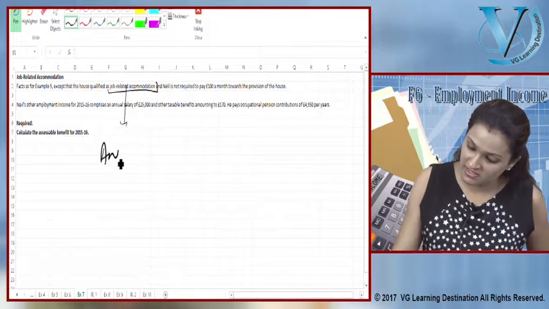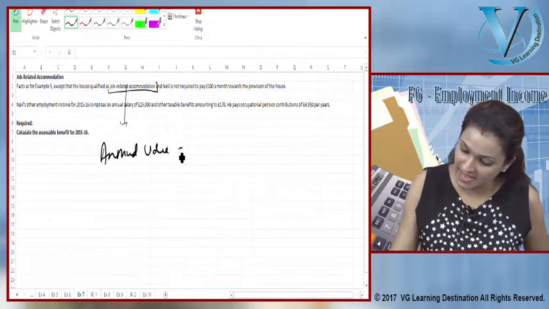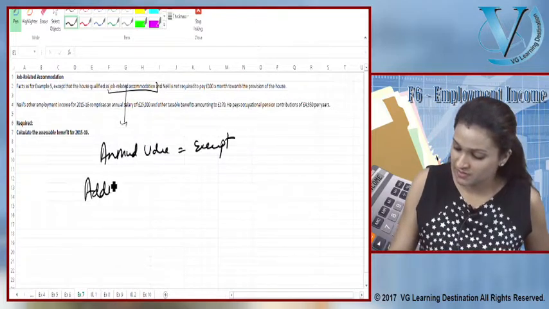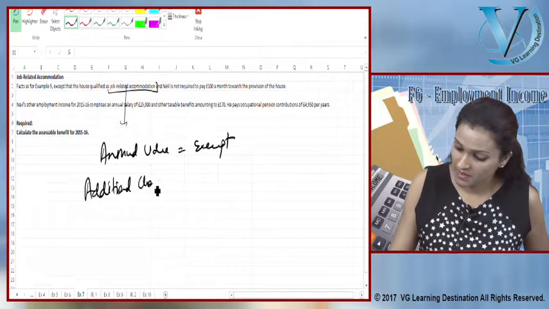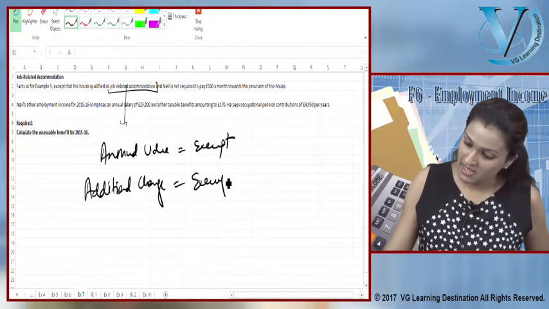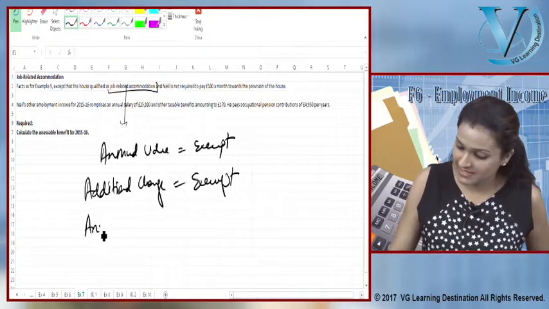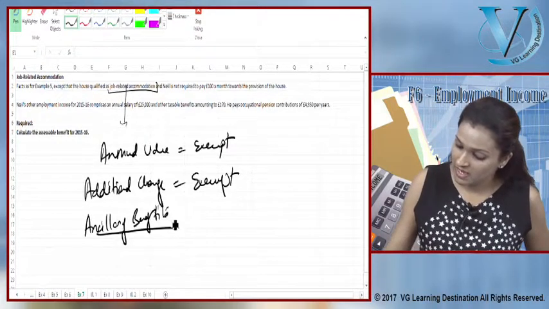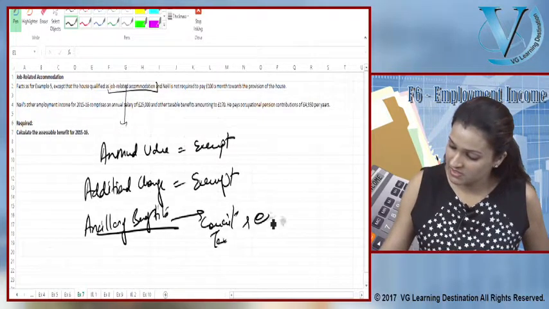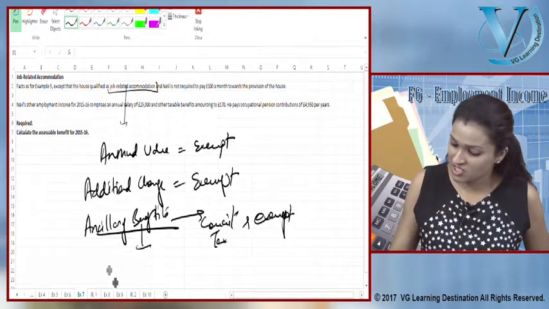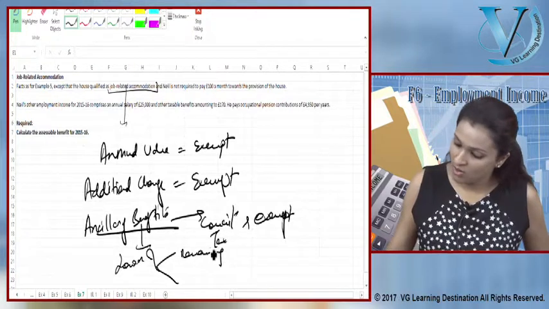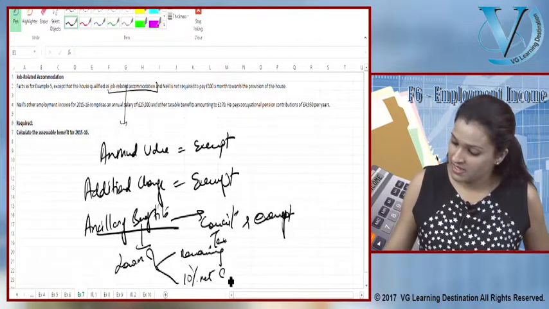The annual charges, the annual value becomes exempt. What also happens? The additional charge becomes exempt. Out of the ancillary benefits, council tax again exempt. The remaining are charged at lower of the remaining, or 10% of the net emoluments.